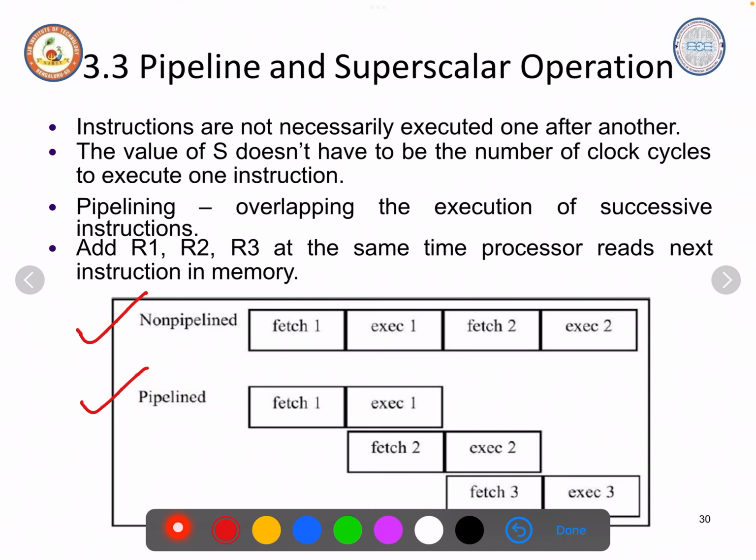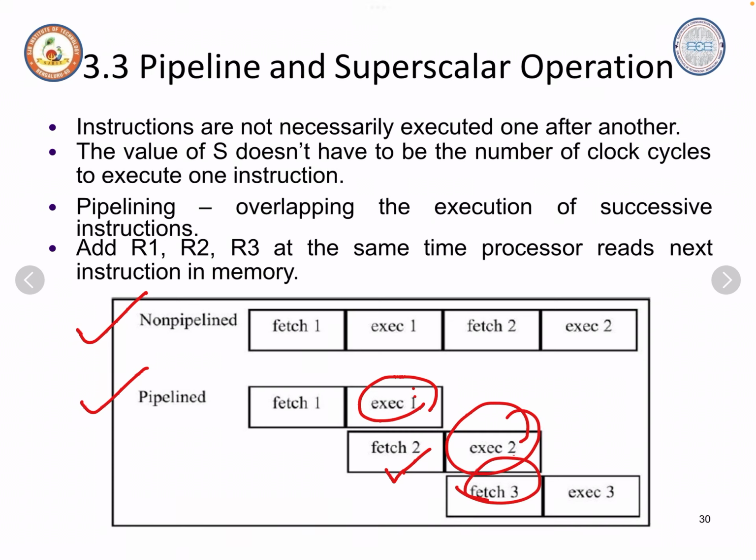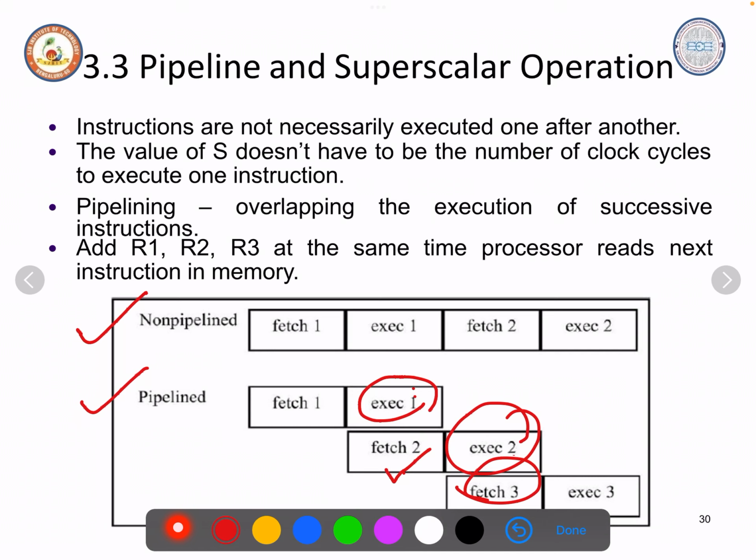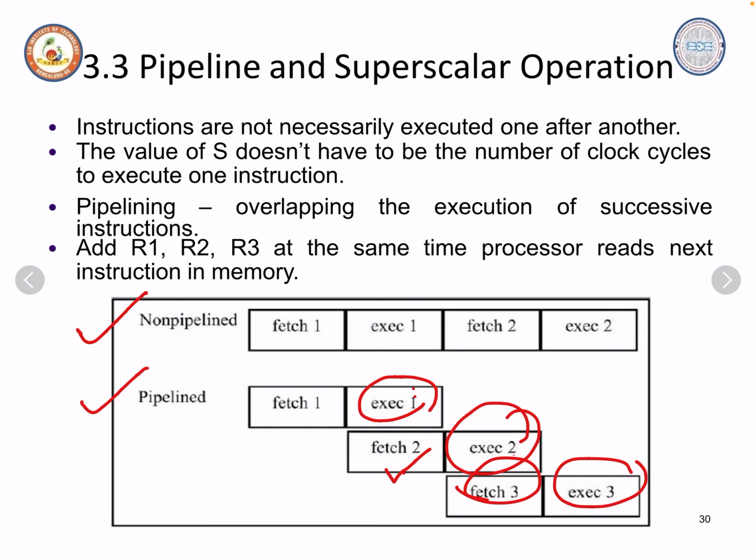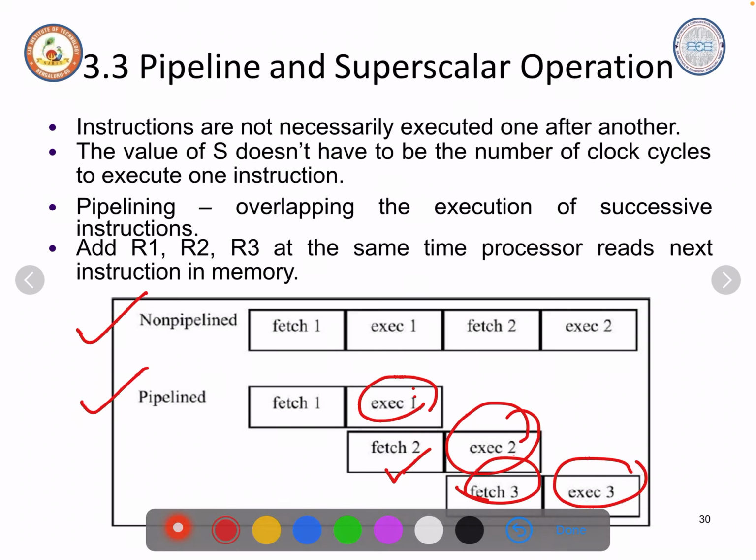You need not wait for the completion of execution of the first instruction to fetch the next. So you fetch the second instruction, and by the time you execute the second instruction, fetch the third instruction. After completing the execution of the third one, fetch the fourth instruction, and so on it goes.